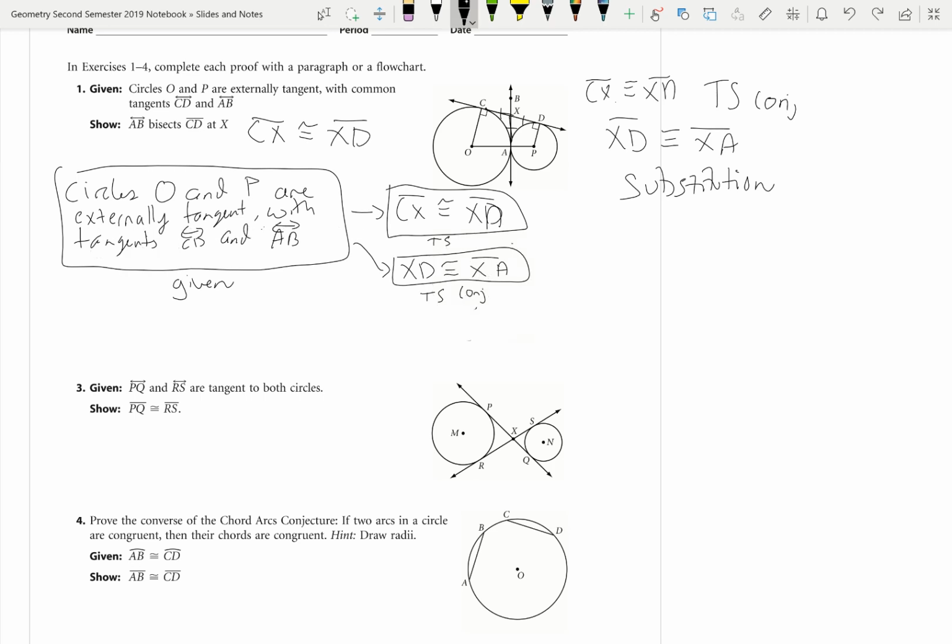This should say XA here. CX is congruent to XA. I need to slow down a little bit here. So CX is congruent to XA. XD congruent to XA. And since these are both congruent to XA, that's going to make CX congruent to XD, and that's by substitution.